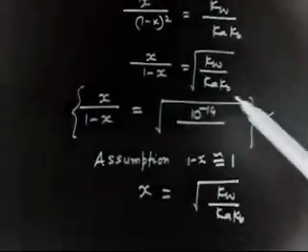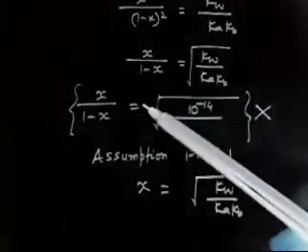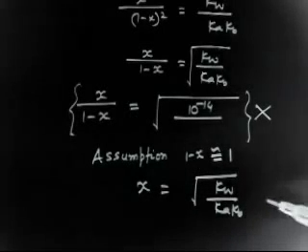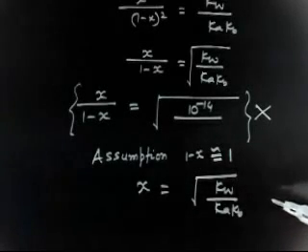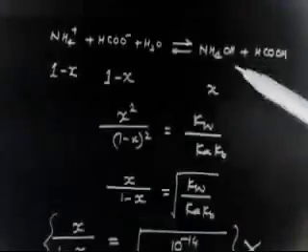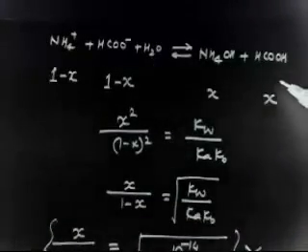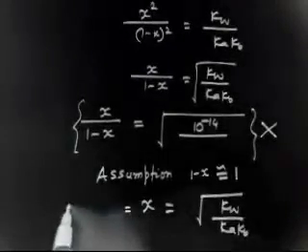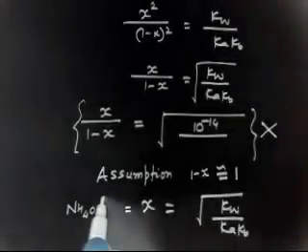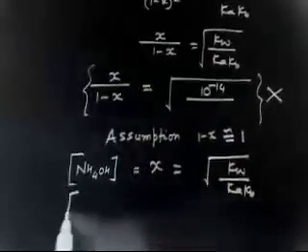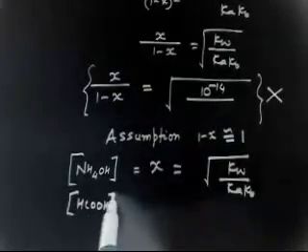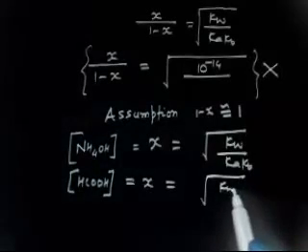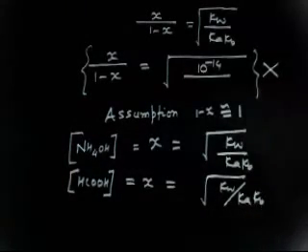If I had known the value of Kb, I would have basically said whether I should approximate or not. Now x is the concentration of either HCOOH or NH4OH. Both are equal, so this is also x, equal to under root Kw by Kb. Are you getting?